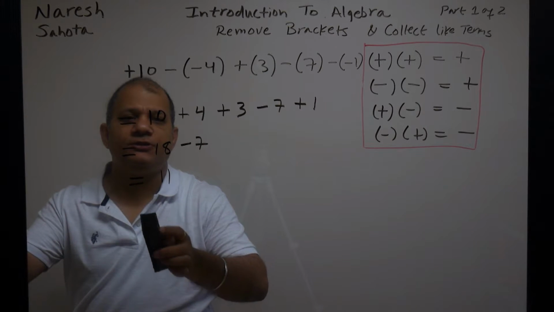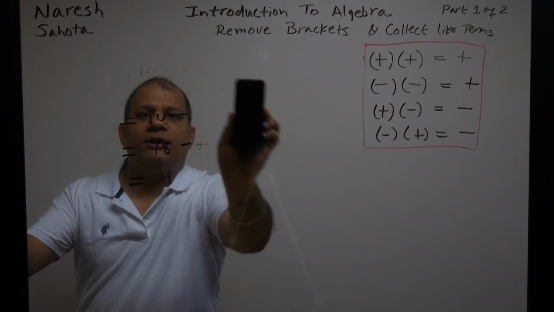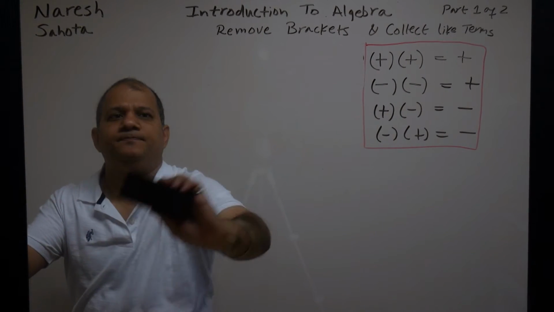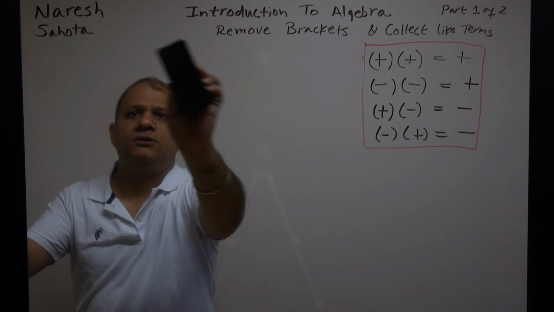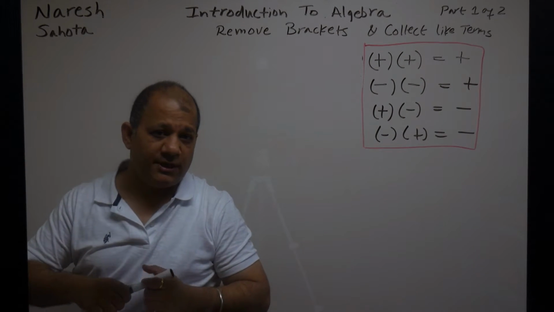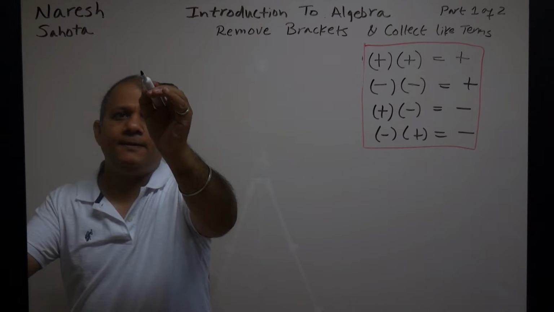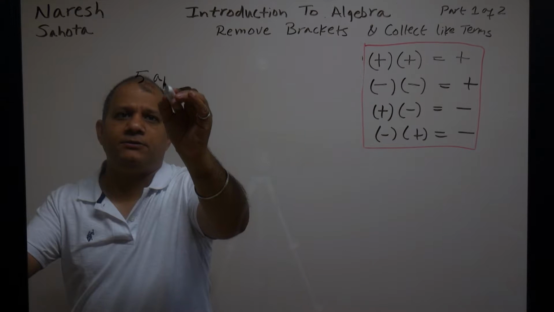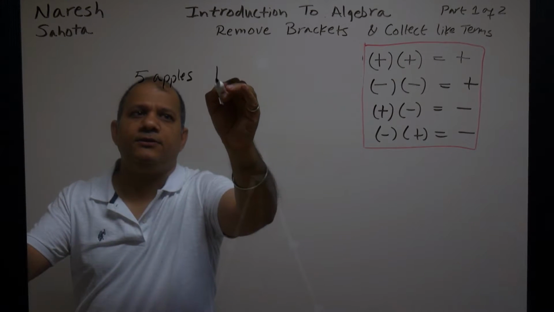Now let's introduce variables when we combine terms. To get my point across, why we use letters, why we use variables, here's the concept. Let's say we have 5 apples. And then you get another 3 apples.